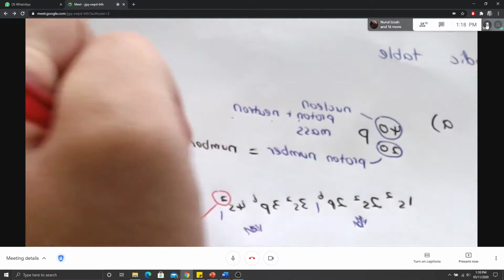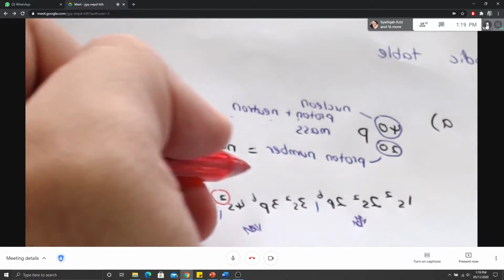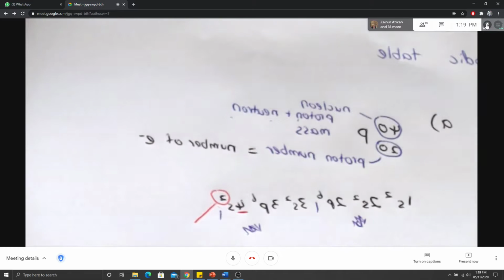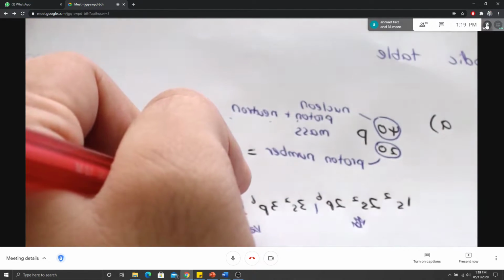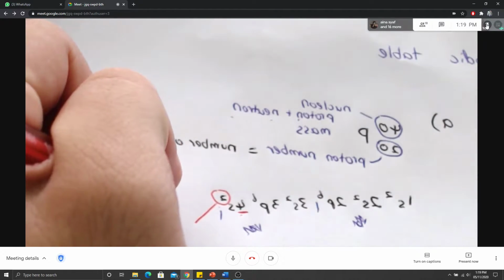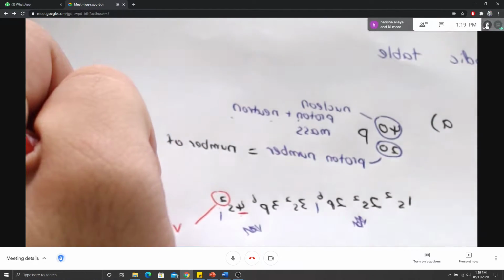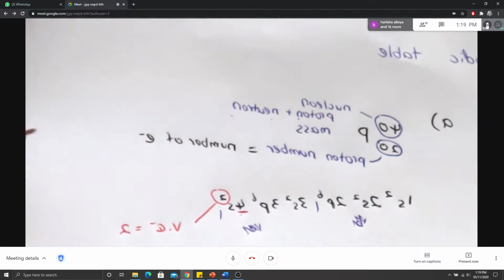Okay, that's the valence electron. One more thing we check: are there any other electrons with the same principal quantum number, 4? There are none. So the valence electron is 2.